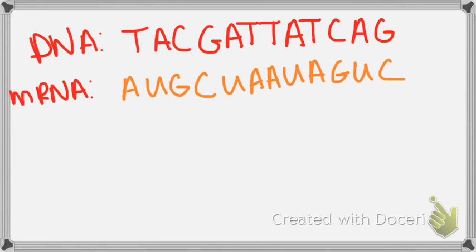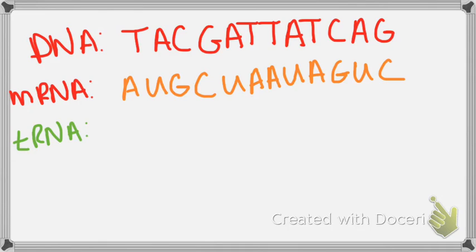Now I'm going to ask you to figure out the tRNA anticodons. We don't actually use our anticodons to look up on our codon chart, but I want you to get in the habit of figuring these out. So A is going to pair with T, T with A, C with... oh wait, I made a mistake.